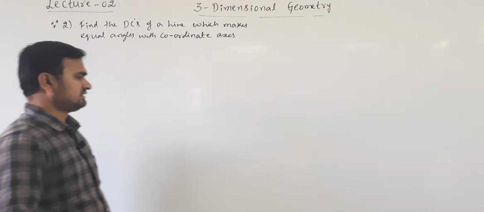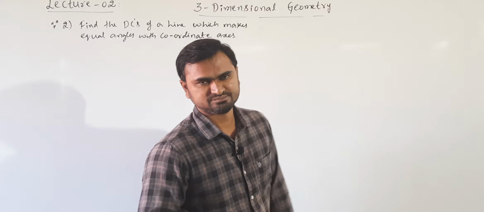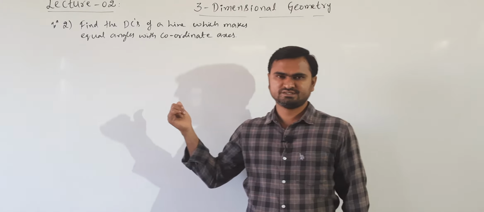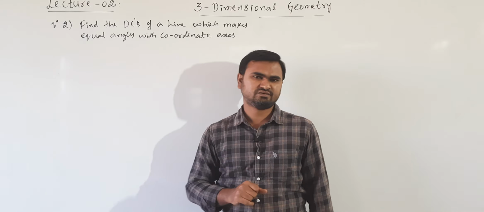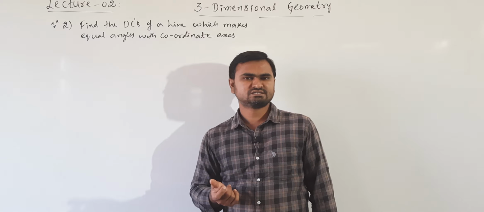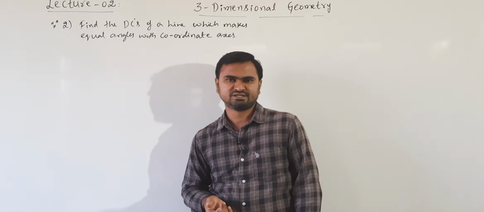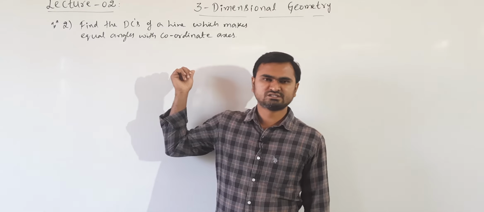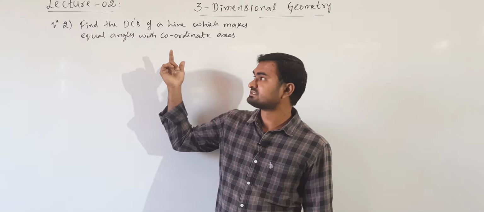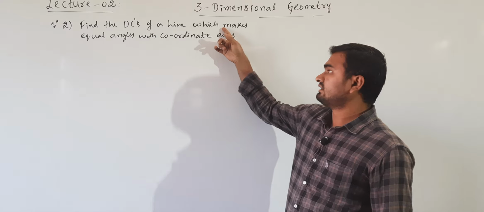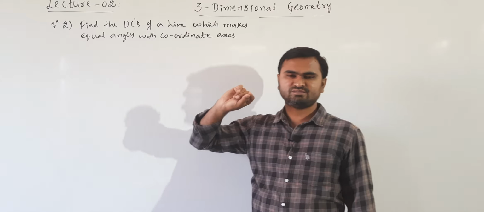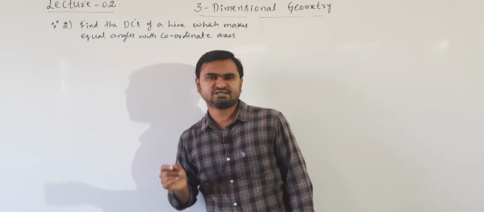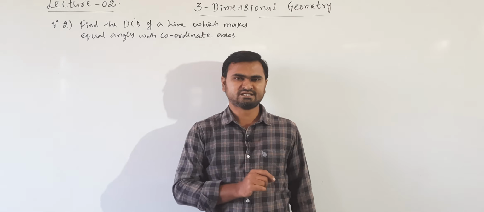So here we need the DCs of the line. In the previous case the angles were given: alpha is 90, beta is 135, gamma is 45 degrees. But here the angles are not given. What is given is a line which makes equal angles with the coordinate axes, meaning the line is making the same angle with the x axis, y axis and z axis.